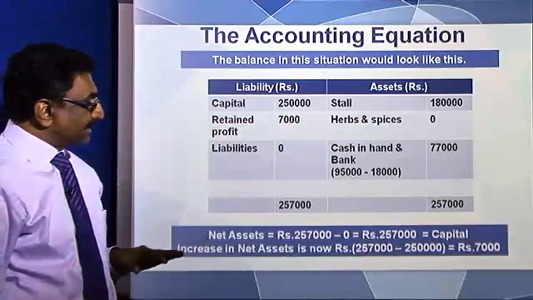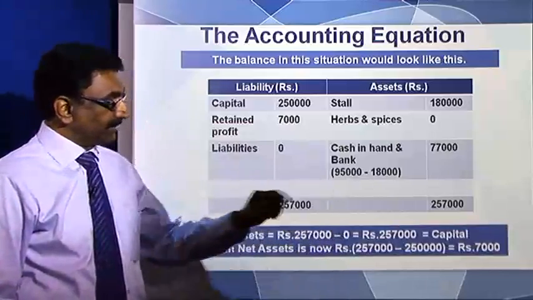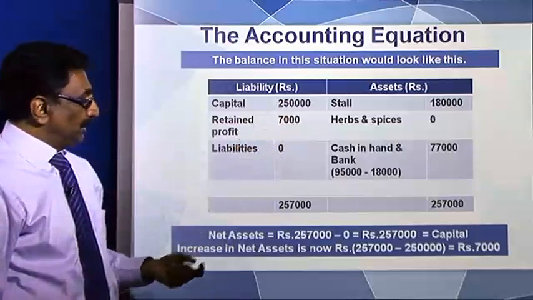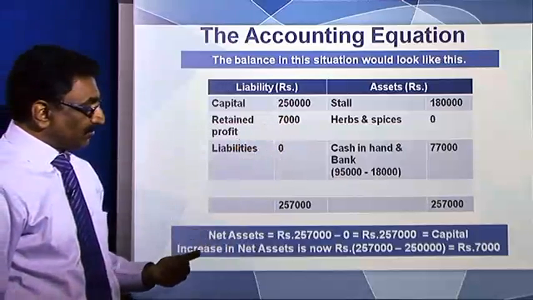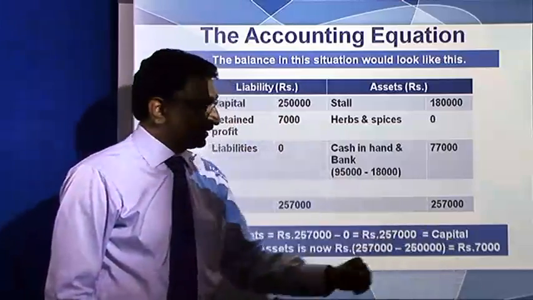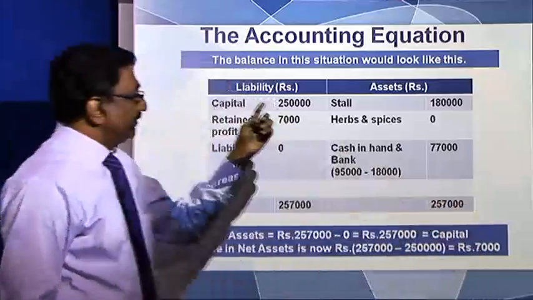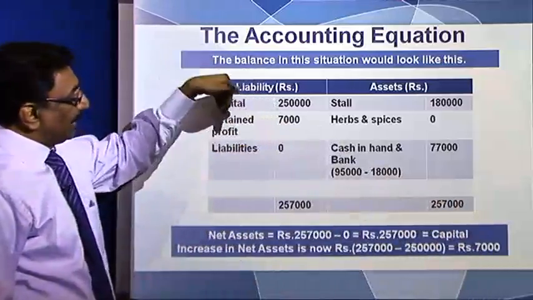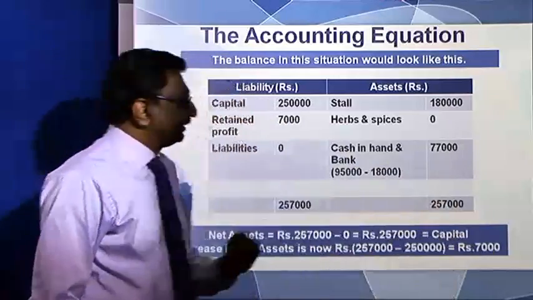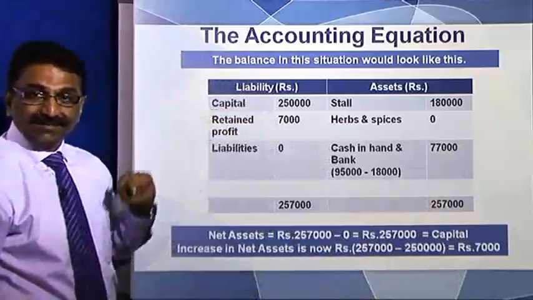Again, we can do the net assets calculation. The net assets is 2,57,000 minus 0, which is 2,57,000, which is the capital amount also. What was the increase in net assets now? Now it is 2,57,000; originally it was 2,50,000. So, the change in net assets between the beginning and the end gives you the amount of retained profits, which means unless new capital has been put in, the change in net assets will generally reflect the amount of profits that has been plowed back into the business.